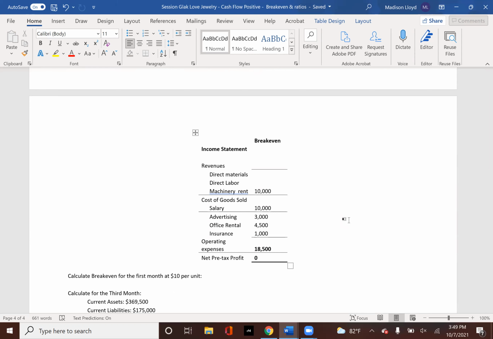You're going to divide that by $5, because that's how much profit you are going to keep, and you're going to end up with 5,700, right? That's the number of units that you need to produce to break even. So it's your operating expenses plus your machinery rent plus those specific expenses divided by your profit per unit.